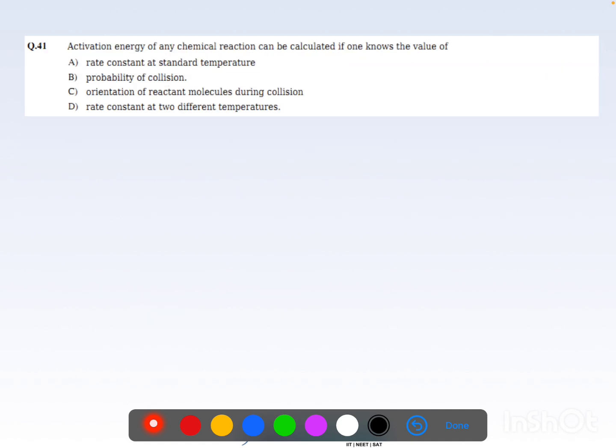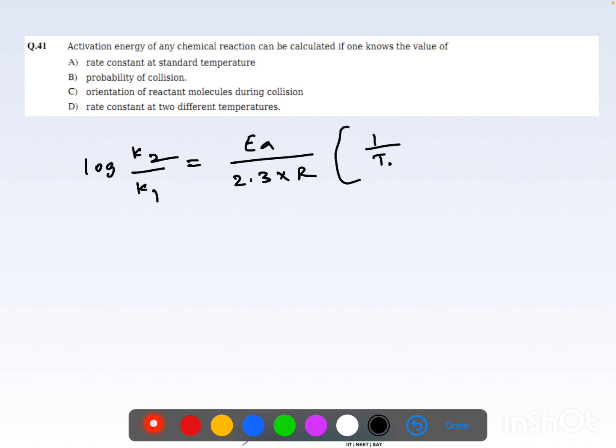Activation energy for any chemical reaction can be calculated if we know... According to the Arrhenius equation, you can obtain activation energy through this equation: log K2 by K1 is equal to Ea, that is activation energy, divided by 2.3 R into (1 by T1 minus 1 by T2).